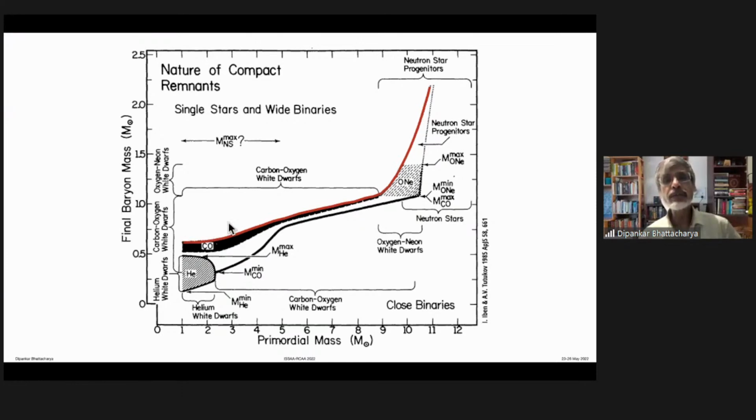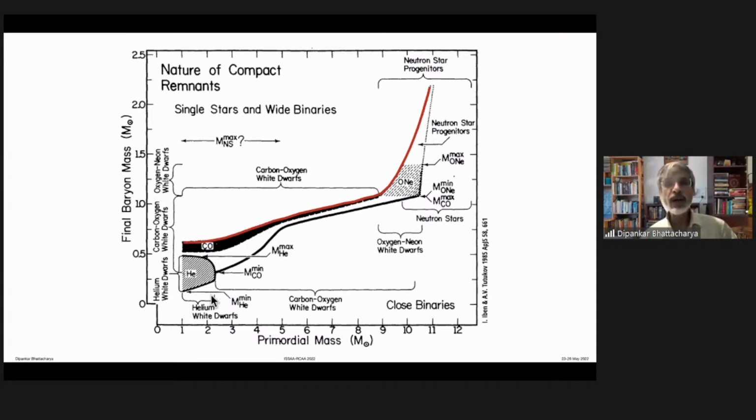I mentioned to you the different types of remnants that will be left by stars of different original mass. That corresponds to this red line, the primordial mass versus the mass of the remnants being produced: helium white dwarfs, carbon-oxygen white dwarfs, oxygen-magnesium white dwarfs, and so on.